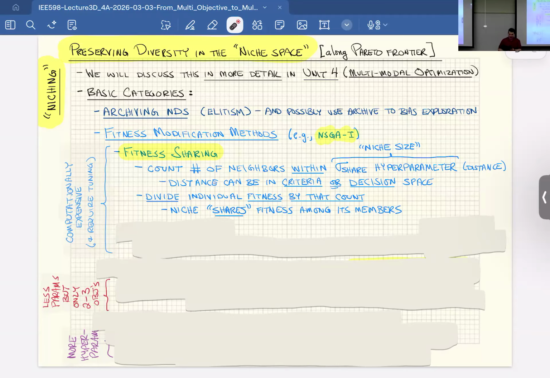If we have 3 that are close together, that might end up killing off one of them. But that's okay, because the other 2 will stick around, and the space made for this one will be redistributed and hopefully find another spot on the frontier. That's the idea behind fitness sharing: dividing individual fitness by a count of individuals around. It adds a density dependence to fitness. Questions about that?